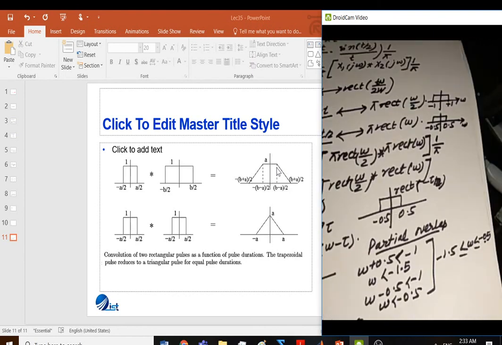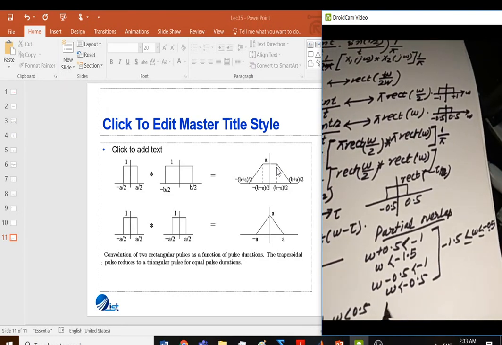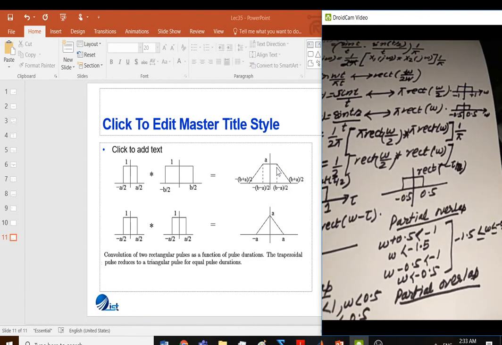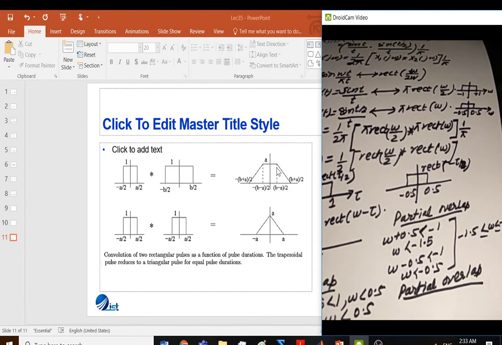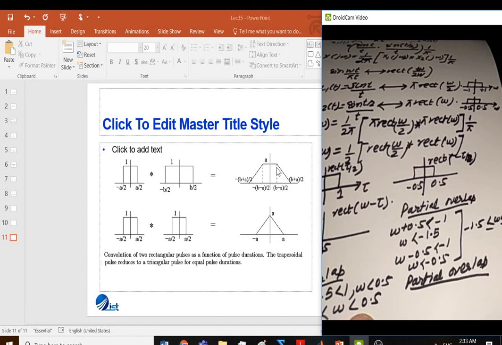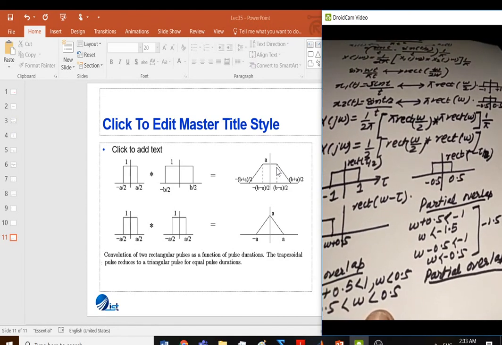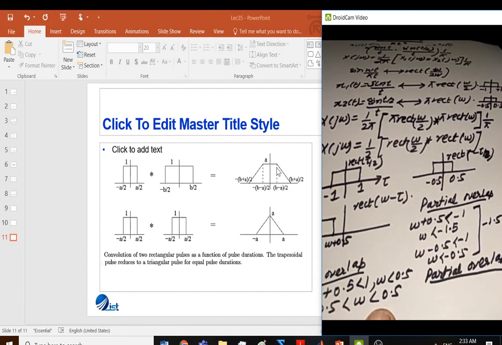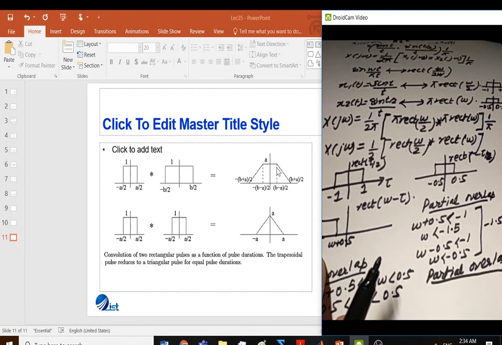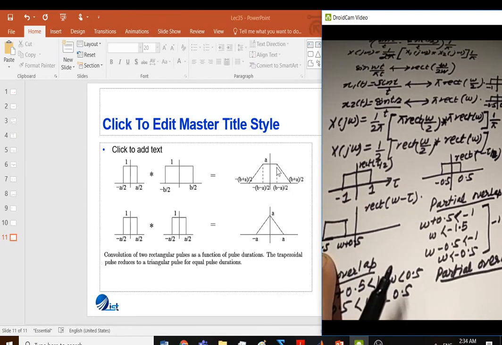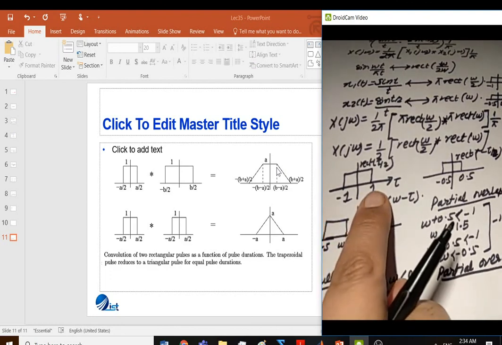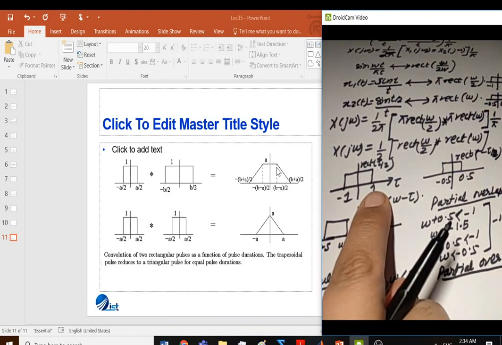Then again we have the partial overlap region. This partial overlap starts when omega is greater than 0.5, and this will continue till omega minus 0.5 is less than 1. It goes outside 1.